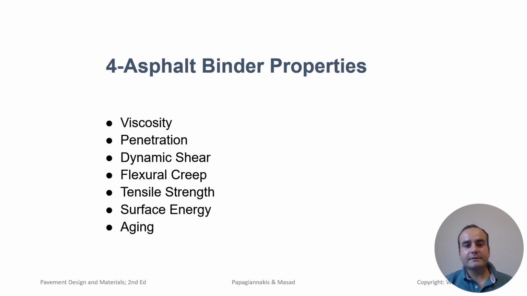Several testing protocols can be used to study the properties of asphalt binders at a wide range of testing conditions, loading conditions, and environmental conditions. Some of these tests include viscosity, penetration, dynamic shear, flexural creep, tensile strength, surface energy, and aging.